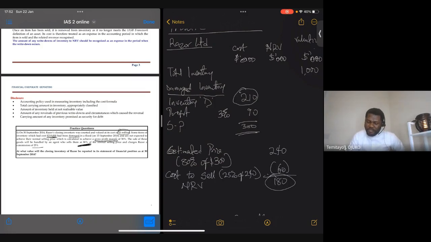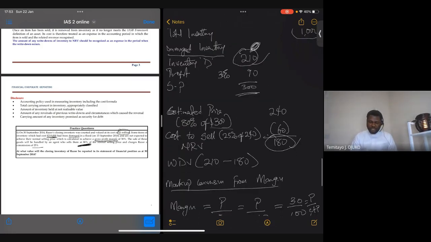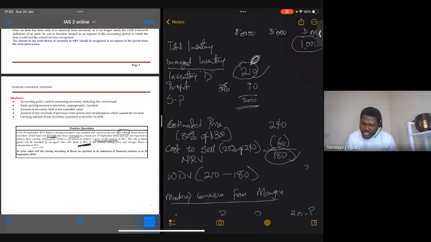So it automatically means that my inventory should be written down from 210 to 180. Don't forget, this 210 is already included in this 1 million. Which means that I just need to write down this 1 million by the difference between 210 and 180. Now, the write-down value, 210 minus 180, is 30. It means that my inventory should be written down by 30, and eventually the value of my inventory is going to be $970.